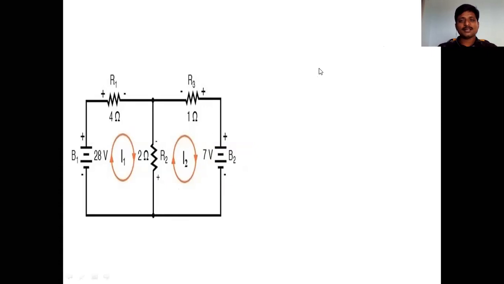So 2 into I2 minus I1, plus, then the current will enter here, therefore plus 1 into I2, and here the current is entering the positive terminal of the source, therefore plus 7 is equal to 0. So that is how you have to write the mesh equation or KVL.